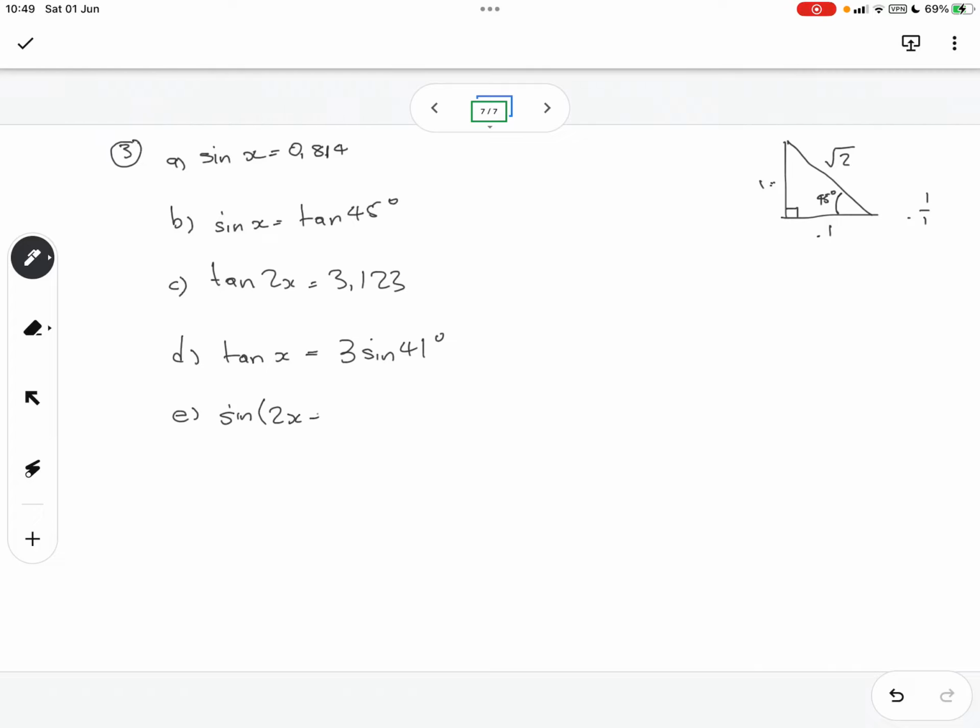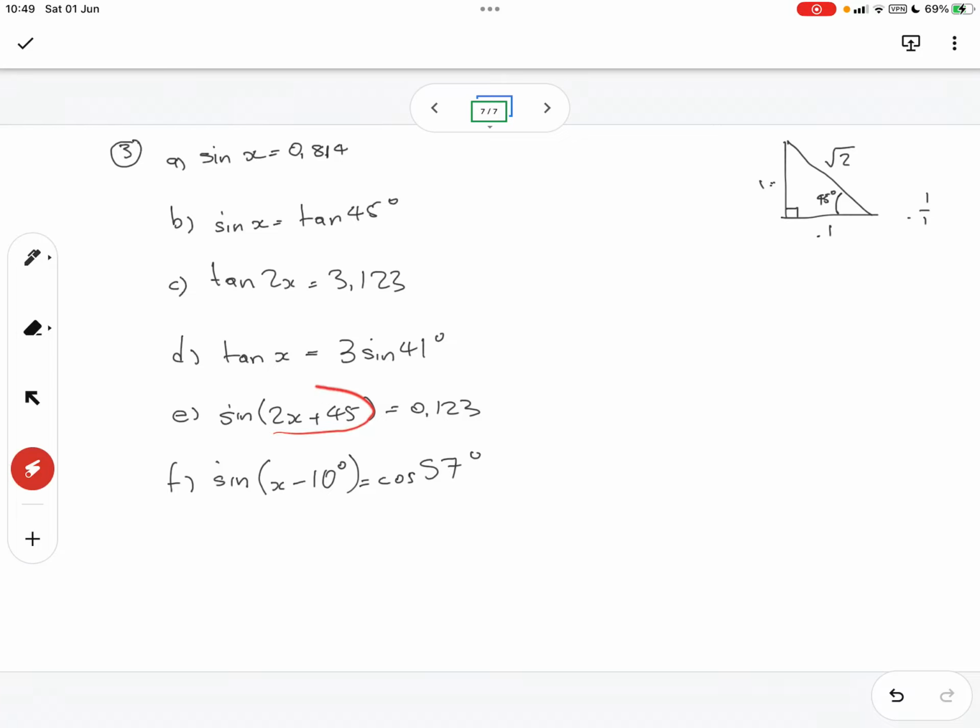E, sine of 2x plus 45 equals 0.123, and F would be the sine of x minus 10 degrees equals cos 57 degrees. So for these last two, we need to note that the angles are compound.